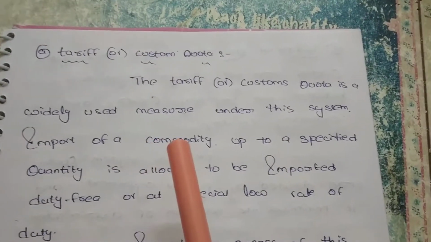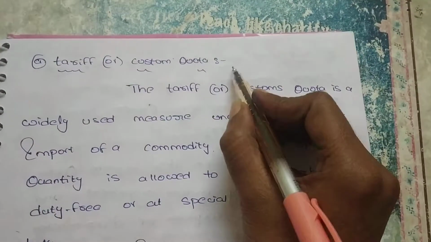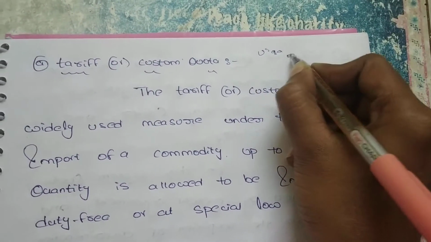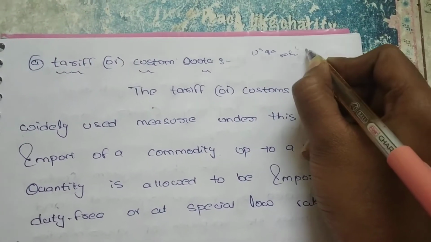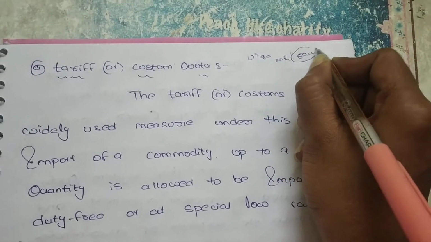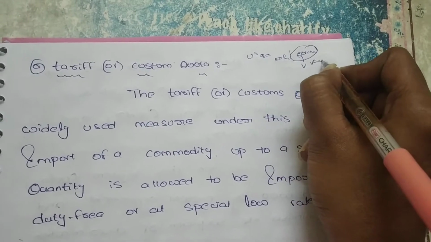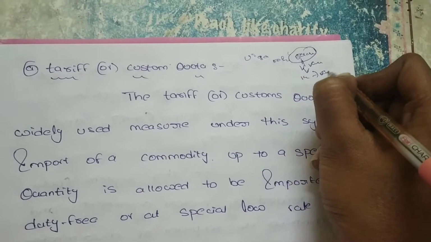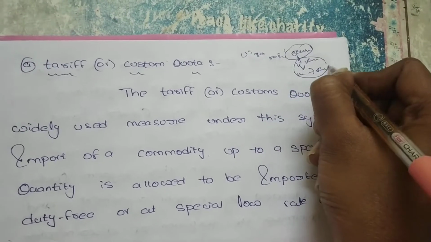For example, the USA is exporting gold to India. We may import some quantity, like 50 kgs of gold. For 50 kgs of gold only, we have very low tax. Above 50, even 1 kg more, we have to impose a very high rate for all these 51 kgs of goods.